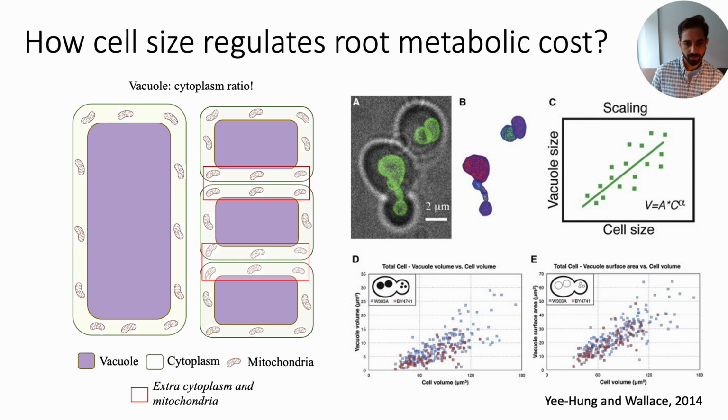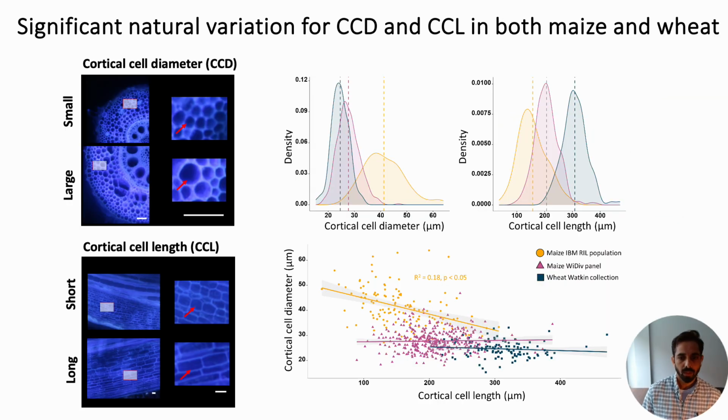We do see variation for cortical cell diameter and cortical cell length in wheat and maize. Here I'm showing two panels of maize. One is a maize IBM RIL in yellow, and then a pink maize Vivid panel, which is much more diverse, and a wheat Watkins collection, which is again a diverse set of landraces.